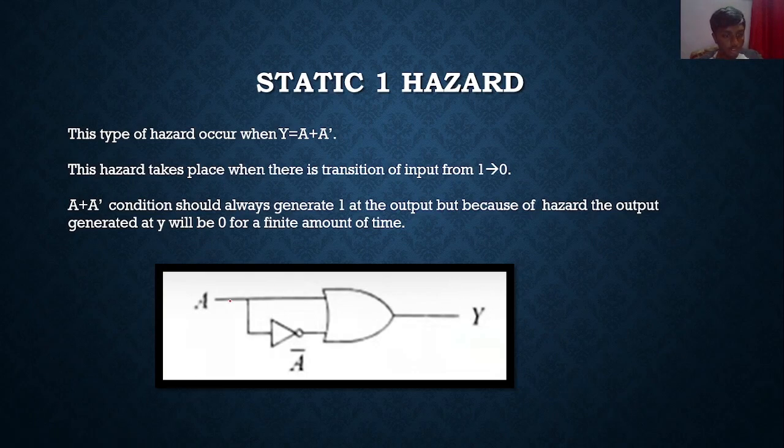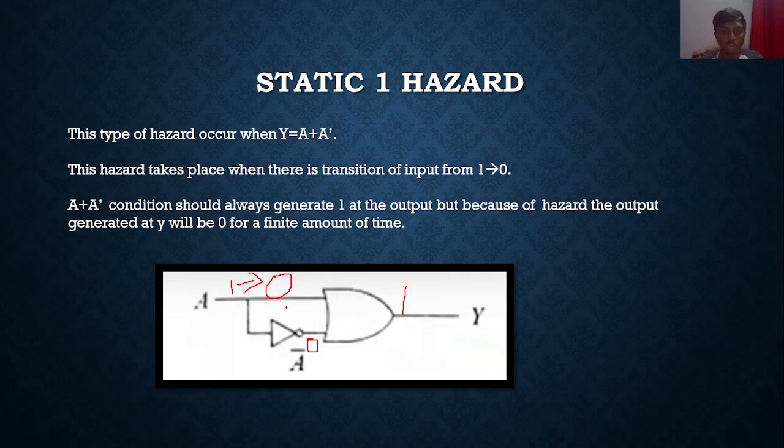Here, let us consider A as 1 and A bar is 0, and at the output 1 OR 0 is 1. When A transitions from 1 to 0, the output at the NOT gate should be 1, but because of the NOT gate delay, for some time the zero remains 0 itself instead of 1.